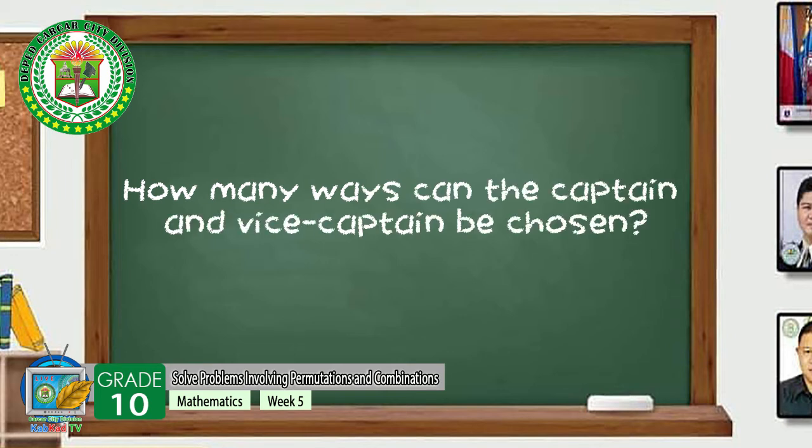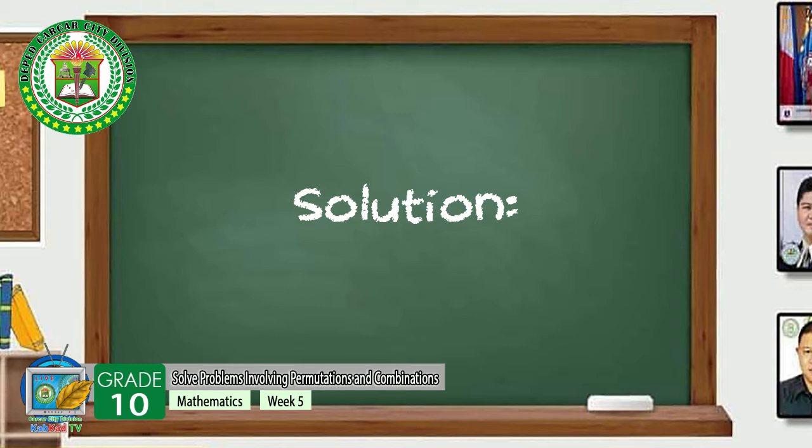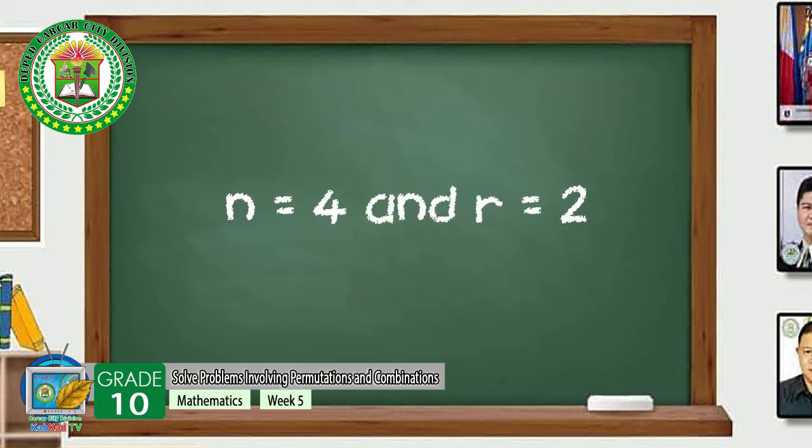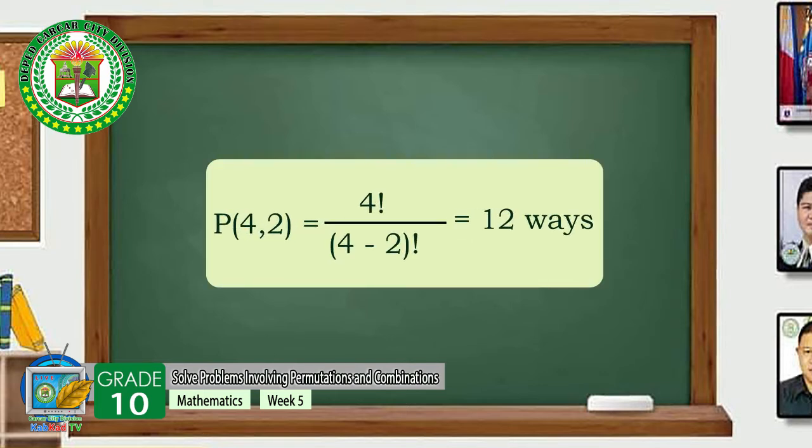In how many ways can the captain and vice captain be chosen? Here's the solution. Replace n to 4 and r to 2. So replace the value of n and r to the formula, and that is P of 4 of 2 is equal to 4 factorial all over the quantity of 4 minus 2 factorial.